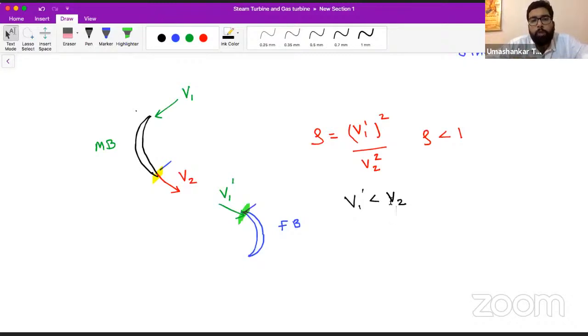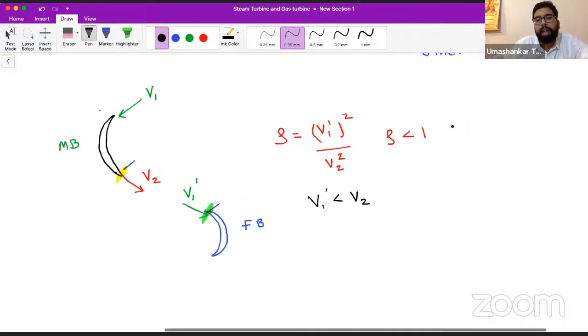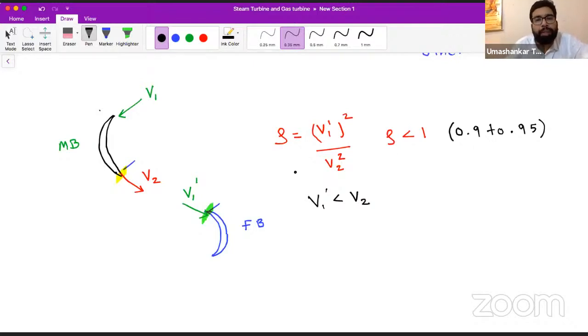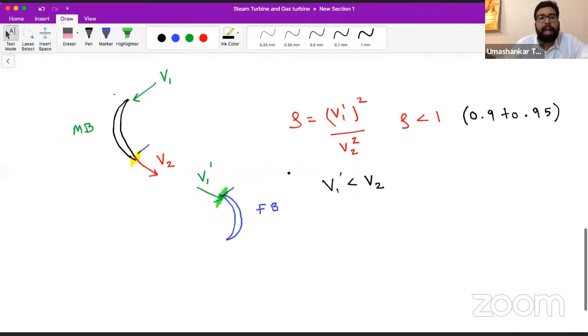There will be some loss of velocity. Generally the value of this carryover coefficient is between 0.9 to 0.95. From this relation, we can have the value of the inlet velocity to the next stage or next row of the blade if we have the exit velocity of the previous stage.